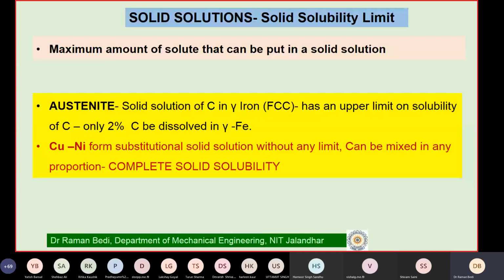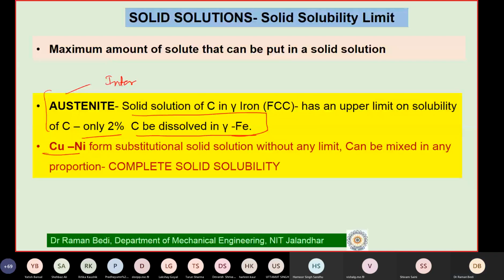The rest of it will not get dissolved, it will be separately available to us as carbon. Whereas we have another system. So this one is an interstitial one, whereas the copper-nickel system is another example of a substitutional solution.